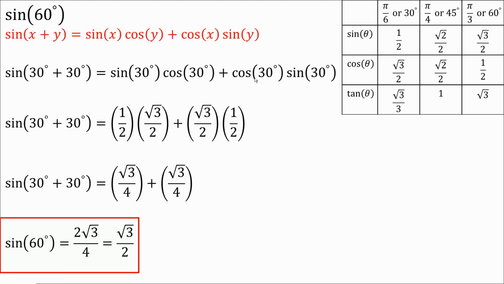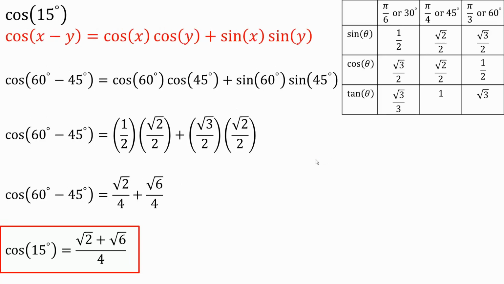Plus cosine 30 we said is going to be the square root of 3 divided by 2, and sine 30 we said is 1/2. And so if you multiply it out, you would get the square root of 3 divided by 4 plus the square root of 3 divided by 4, and you add them up, you get 2 square root of 3 divided by 4, which is the square root of 3 divided by 2. And we can always check, sine 60 is the square root of 3 divided by 2. And so that's a match.